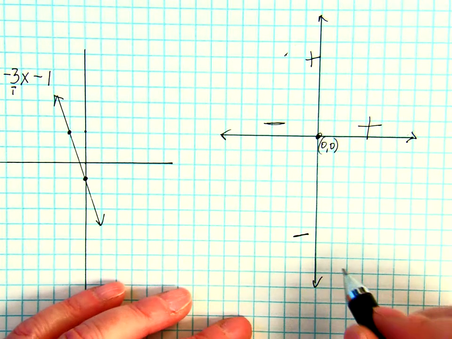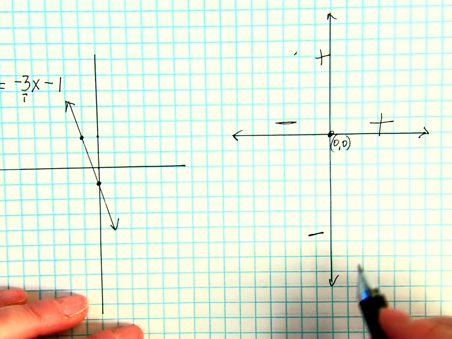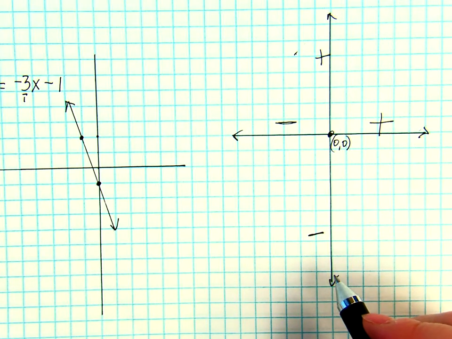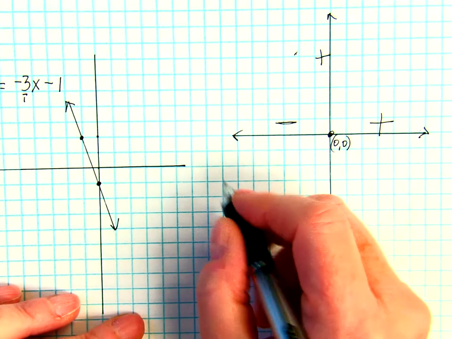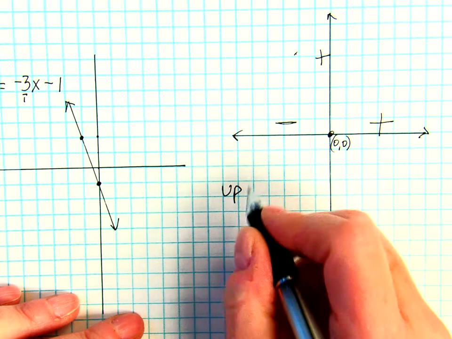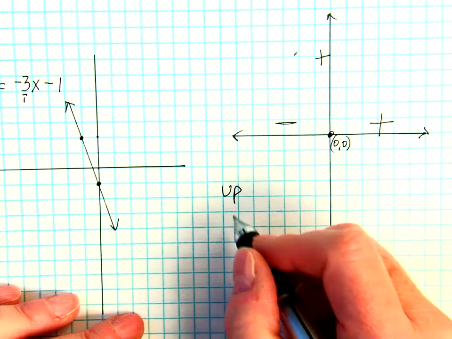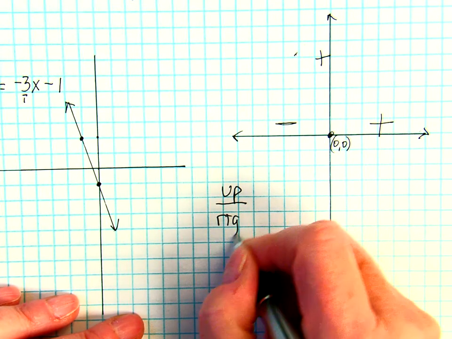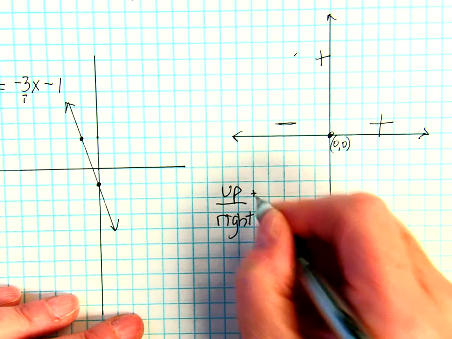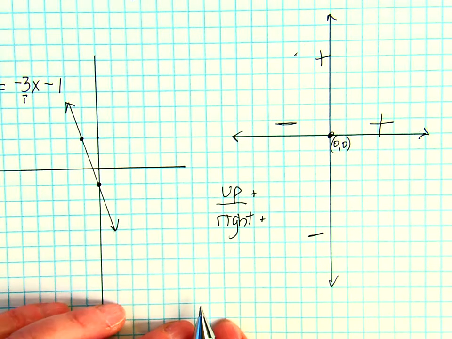So when we have a slope that is positive, there are 2 ways that we can go. We can go up. Remember, we're doing rise over run, so we can go up, and then we can go right, because up is positive and right is positive.